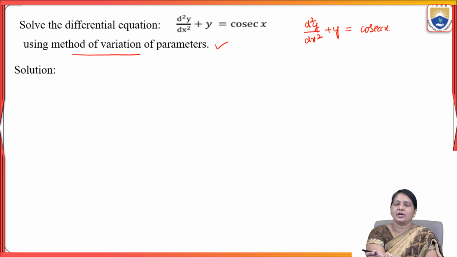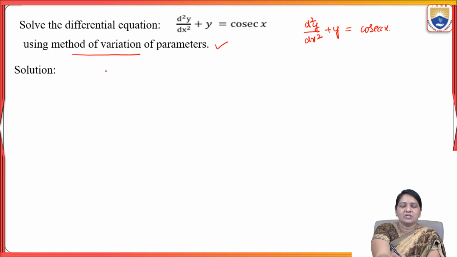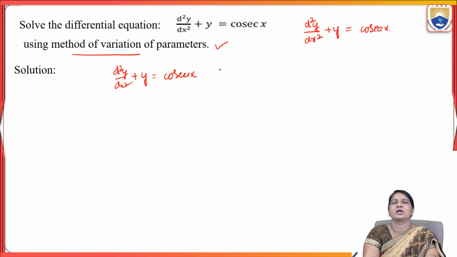First of all, we are writing the given equation. The given equation is d square y by dx square plus y equal to cosecant x. From this, I am going to write the operator form. We already know this from the previous videos. What is the D value?